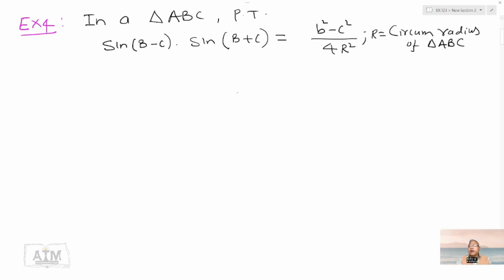Example 4. In a triangle ABC, prove that sine of B minus C into sine of B plus C equals to b square minus c square upon 4R square, where R is the circumradius of the triangle ABC.